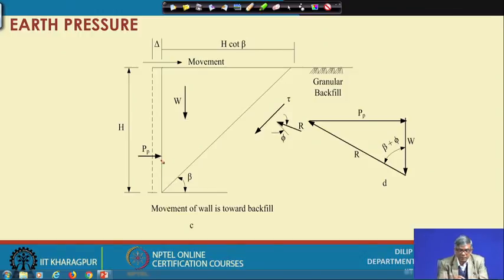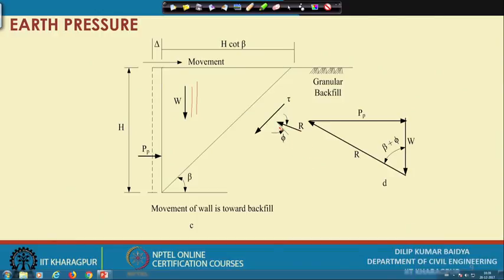So, the pressure will be P P, and the vertical pressure is acting here, P P is acting here, and in this plane there is shear acting, then the resultant R is acting, and the angle, everything is known from the mechanics. We can find this out, and then we can draw the force polygon of whatever forces are acting here.